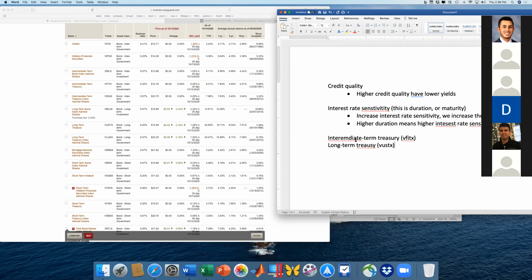VUSTX, so this is intermediate. This is long-term treasury. And there's also a short-term treasury. All right. And that happens to be VFISX.